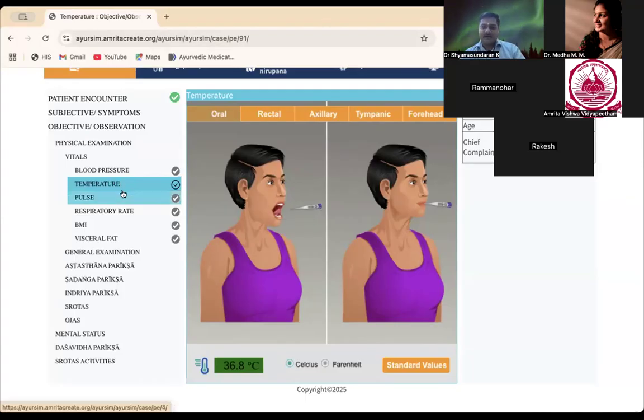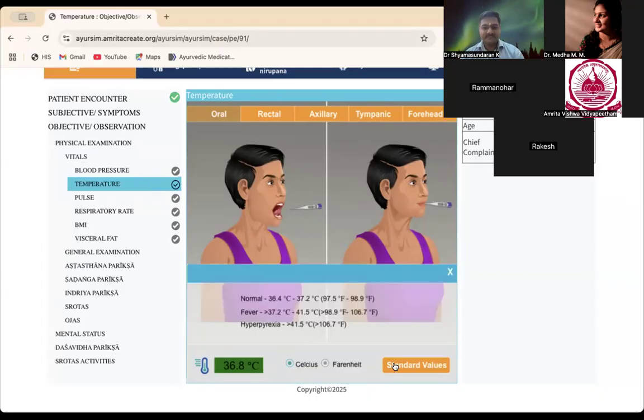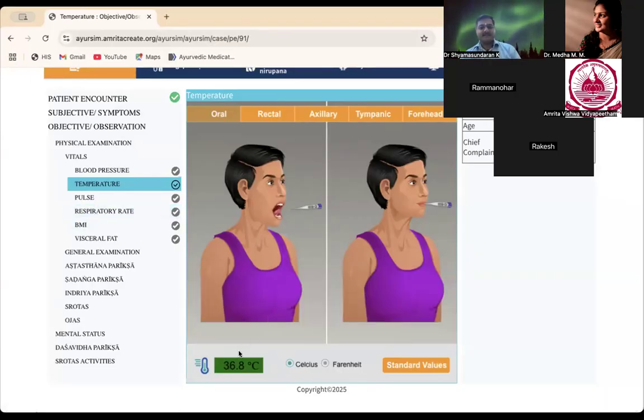All these are simulations. I'll just show you this also. These are the standard values. Once you have checked the temperature, it will show you the temperature here.